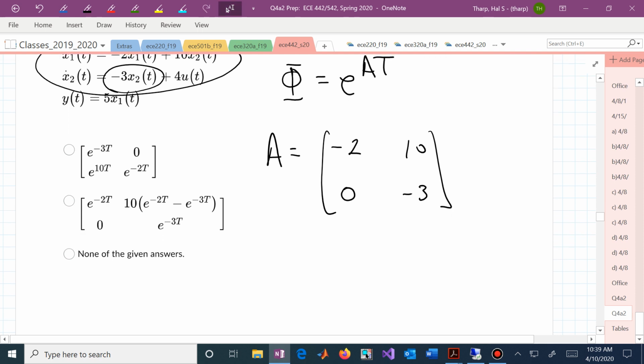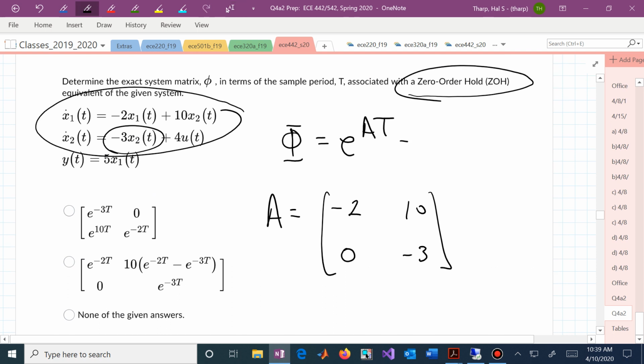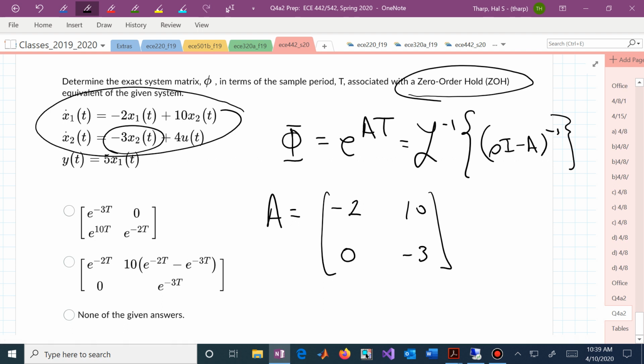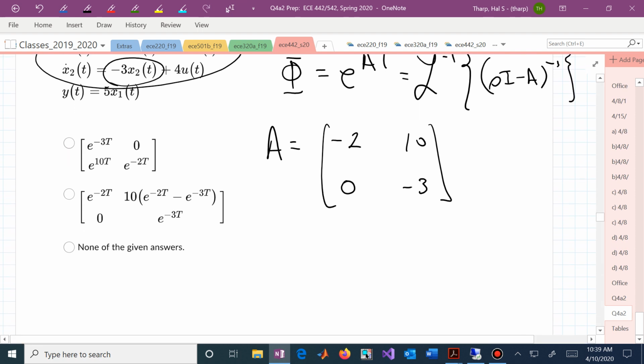Now you would need to find this phi matrix, and that requires that you take this sI minus A inverse and then inverse Laplace transform each of those 4 entries. This is a triangular matrix, so the inverse of that symbolic matrix isn't quite as involved.